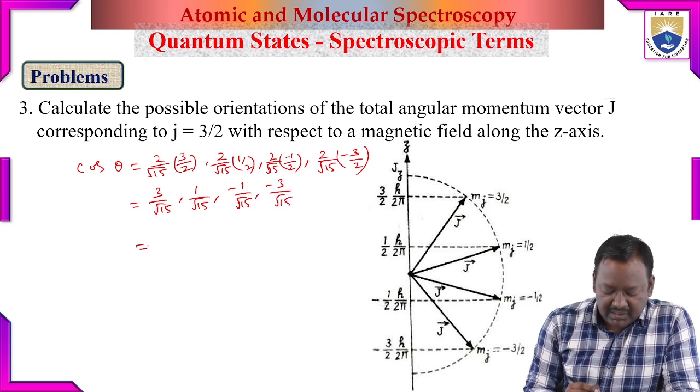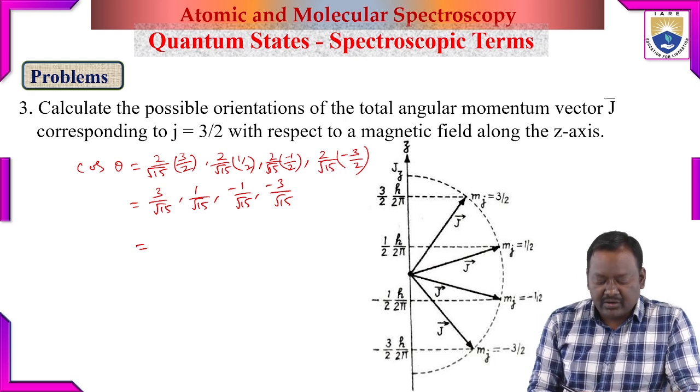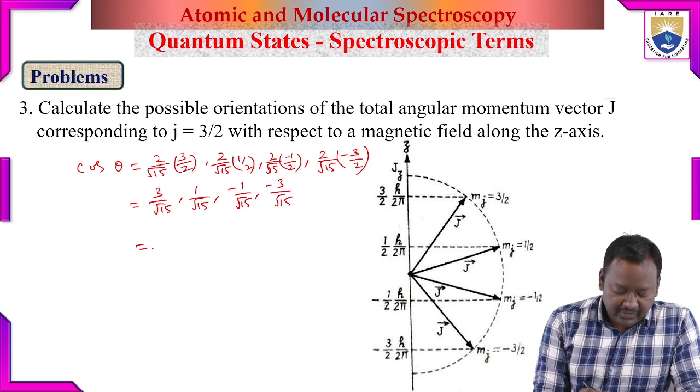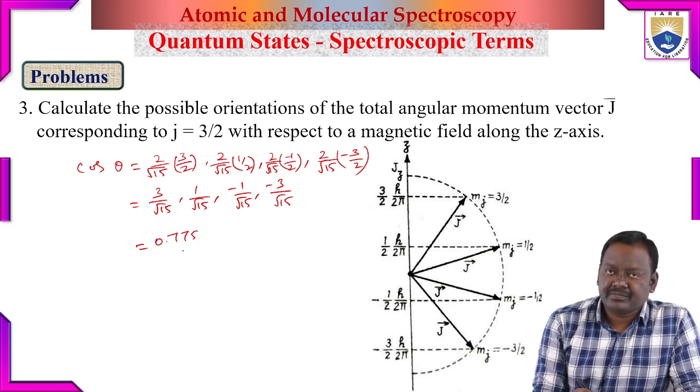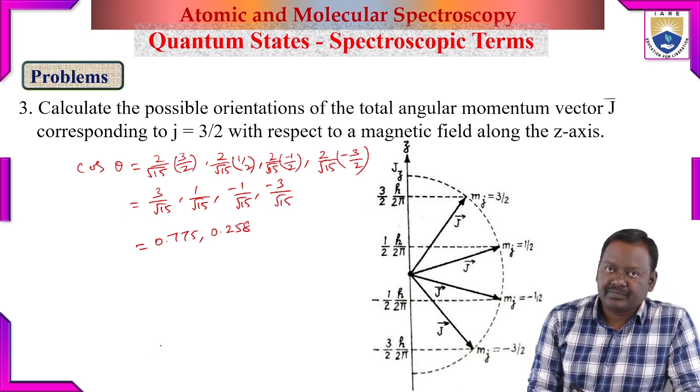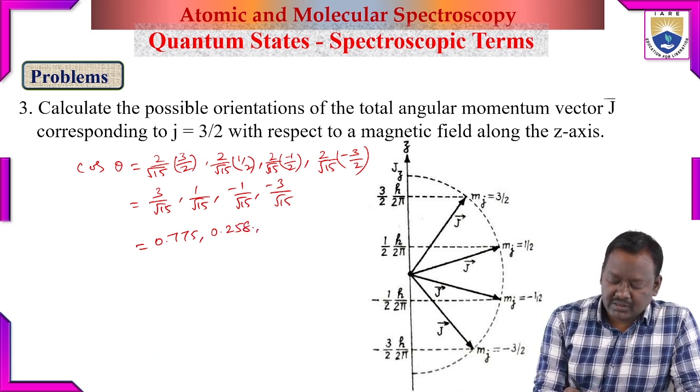We will simplify these values. If we calculate 3 by square root 15, you will get 0.775, and 1 by root 15 we are obtaining 0.258, and this is minus 0.258, and this is minus 0.775.